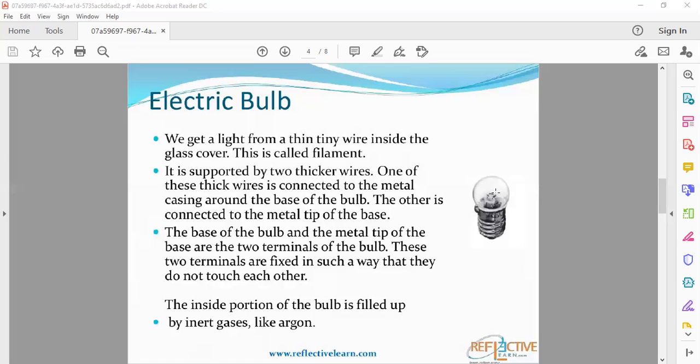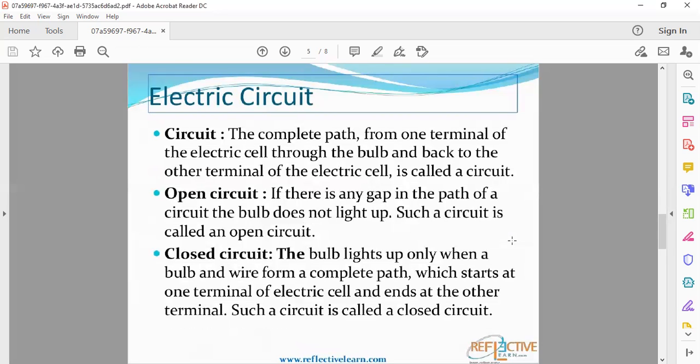Now let's discuss the next concept of this chapter, the electric circuits. Before starting with the electric circuit, we should know the definition of a circuit. A complete path from one terminal of an electric cell through the bulb and back to the other terminal of the electric cell is known as a circuit, or we can say an electric circuit, if we are using electric components.